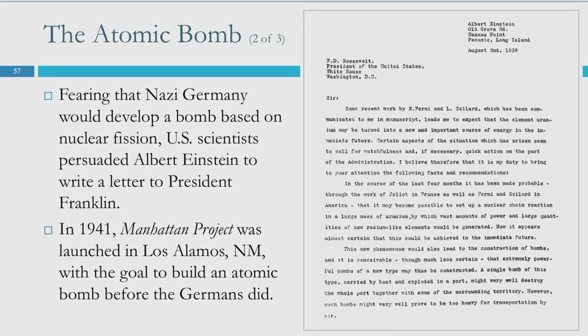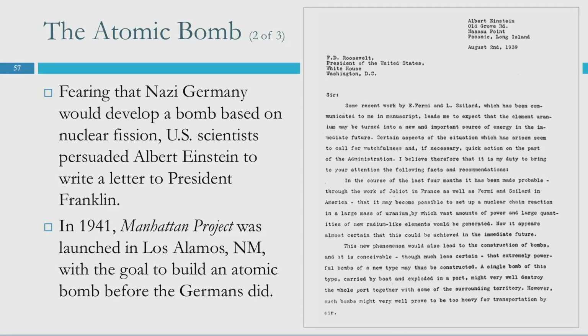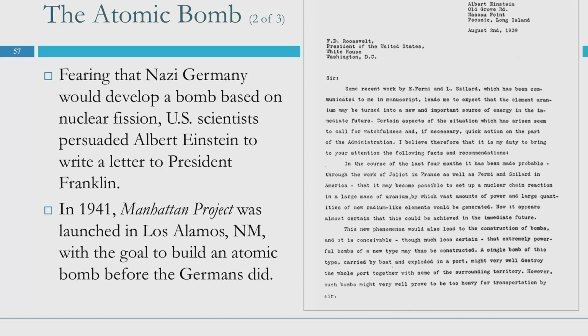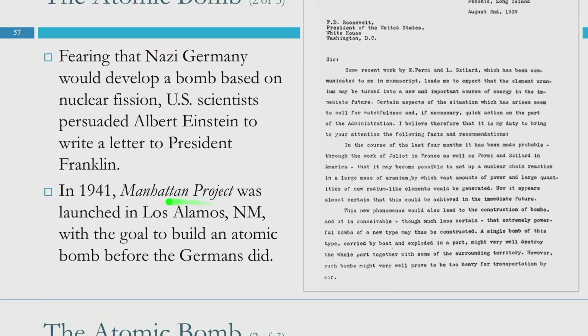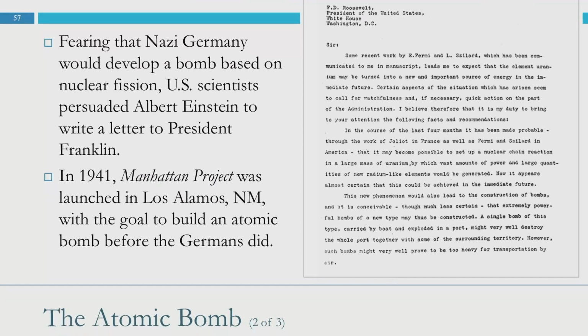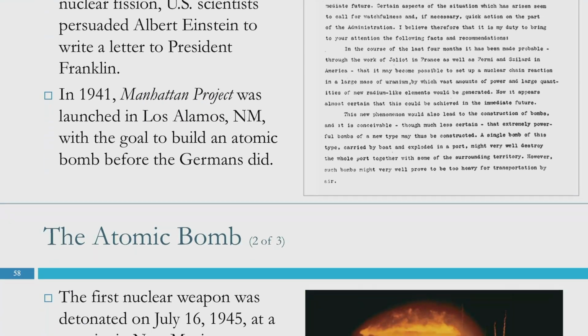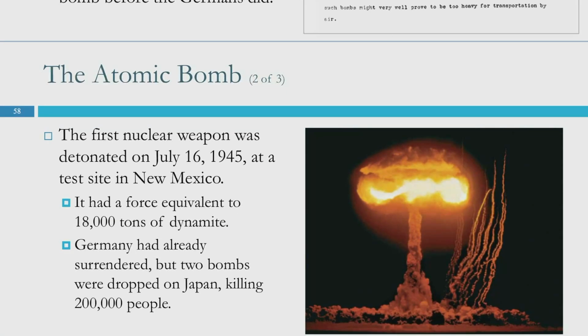And I'm not a historian, so I don't know if these slides are accurate or propaganda or whatever, so take them with a grain of salt maybe. But this is what the book says. So fearing that Nazi Germany would develop a bomb based on nuclear fission, US scientists persuaded Albert Einstein to write a letter to President Franklin, and they started the Manhattan Project over in Los Alamos with the goal of building an atomic bomb.